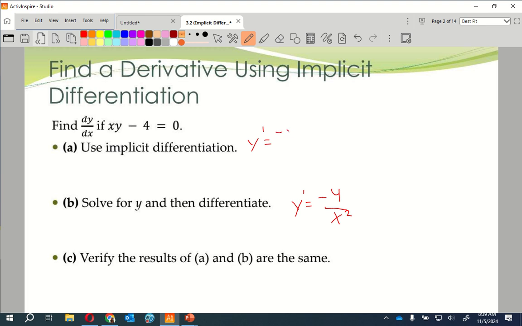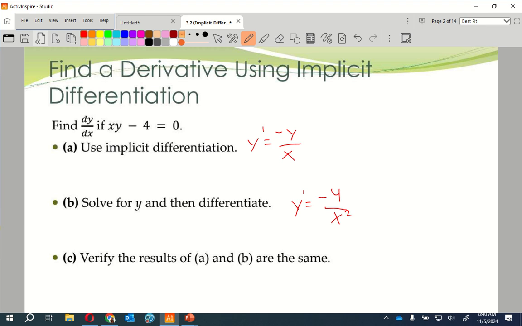Was it negative y over x? The difference right now is that my top one has a y in it again, doesn't it? It does, doesn't it? The bottom one doesn't have any y's in it.